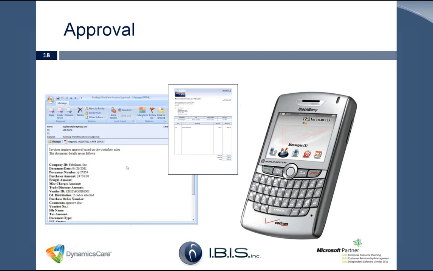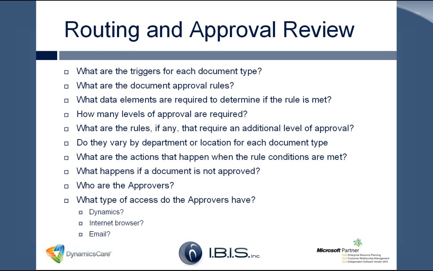Here's a list of questions that you want to work through when identifying and capturing your routing and approval requirements. What are the triggers for each document? What are the document approval rules? What attributes are being used? Is it GL? Is it invoice type? Is it amount?